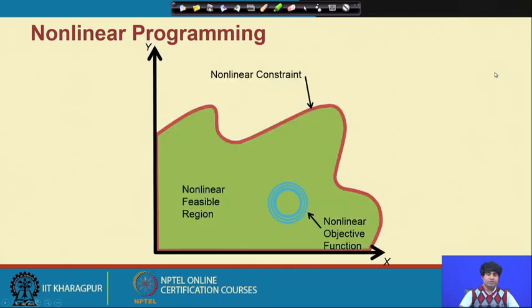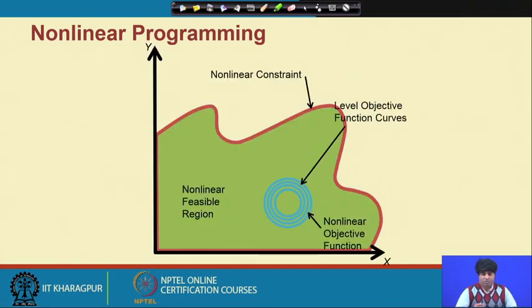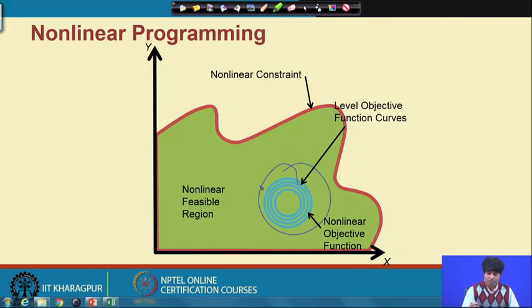In the nonlinear programming structure, the typical structure will be like this, and here there is the objective function, and the typical constraints will be like this. This is the type of constraint which is nonlinear, and like linear programming, we look for the feasible zones and the corner points and look for the optimal solution.